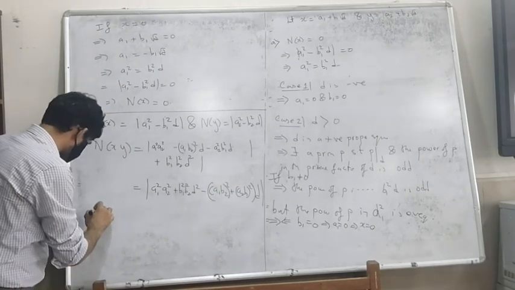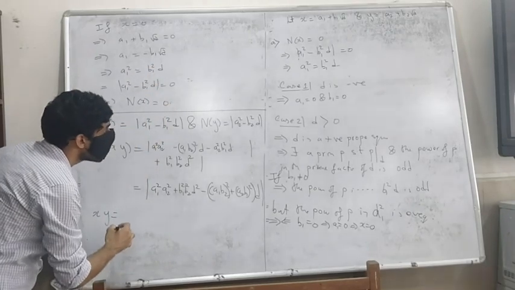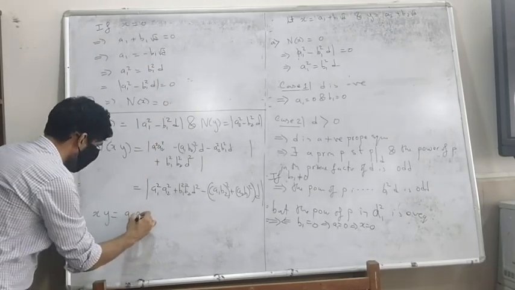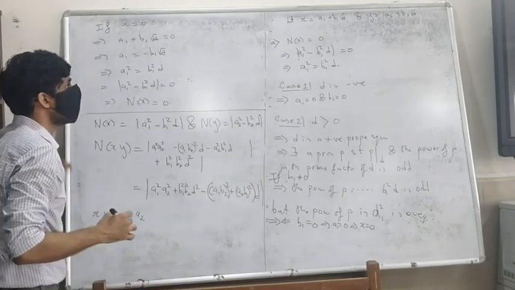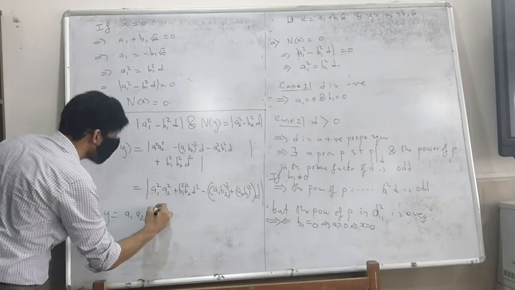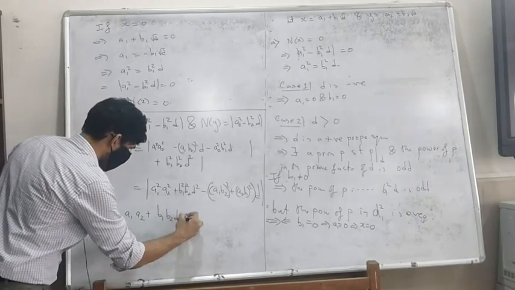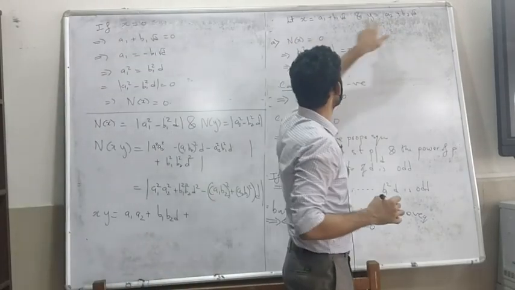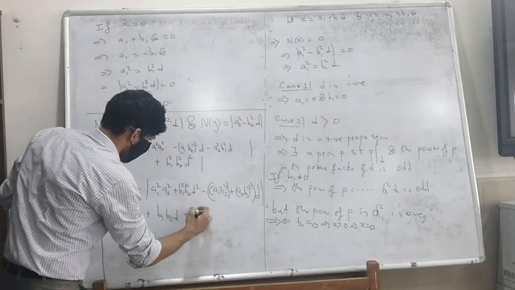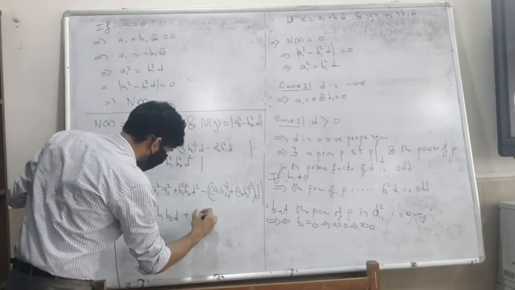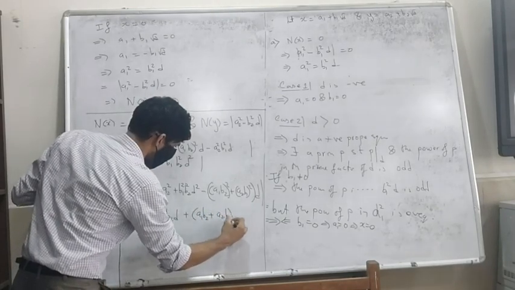Now you check what xy is going to be. Let's check the product. a1 a2 plus b1 b2 d plus, what is it, a1 b2 plus a2 b1 square root of d.